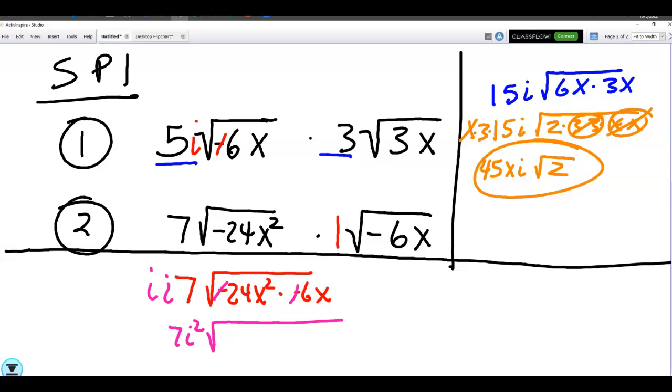On the inside, I've got 24x squared and 6x. Now, 24 would break down into three 2's and a 3. 6 would break down into another 2 and 3. And we also have 3 x's. So we could take out a 2, another 2, a 3, and an x.